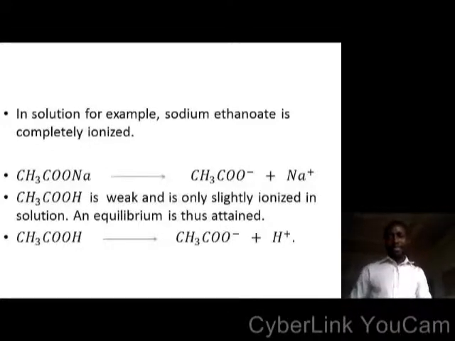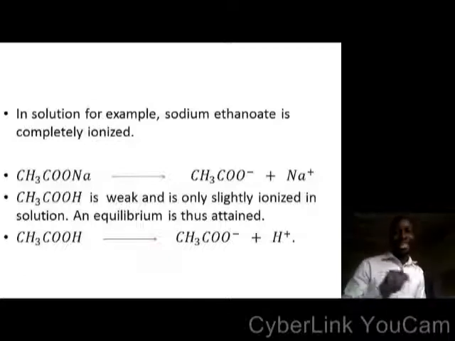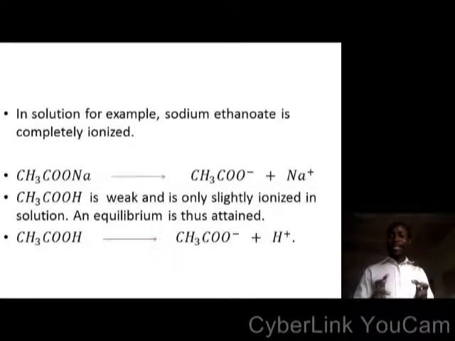Now look at this. In solution, for example, sodium ethanoate is completely ionized. You can see sodium ethanoate is CH3COONa. You can see an arrow there. You can see the ionizing reaction there.